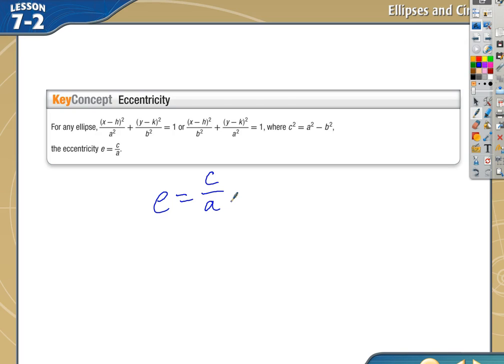Eccentricity is how oval it looks, or how circle it looks. Because here's a fun thing, if A is equal to B, then the ellipse is no longer an ellipse. The ellipse is a circle.